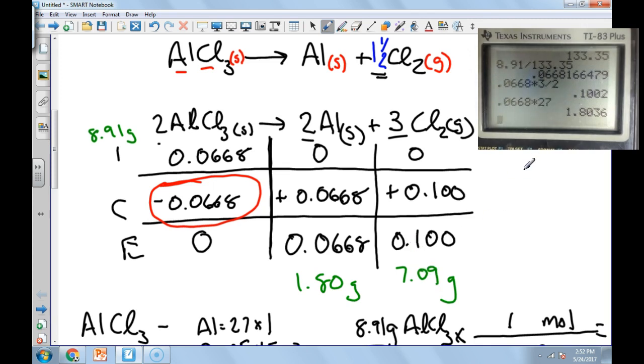So initially we had 8.91 grams, and at the end we have 1.80 grams plus 7.09 grams, which equals 8.89 grams. Now I know that those two are not exact, but in chemistry that's close enough, so that's a check.